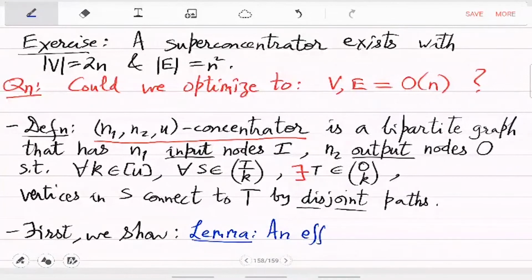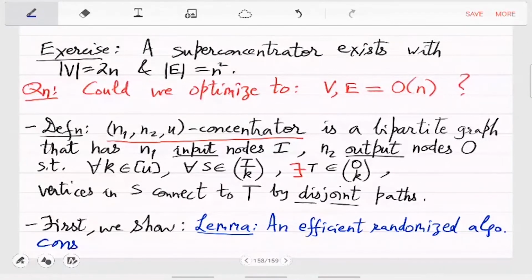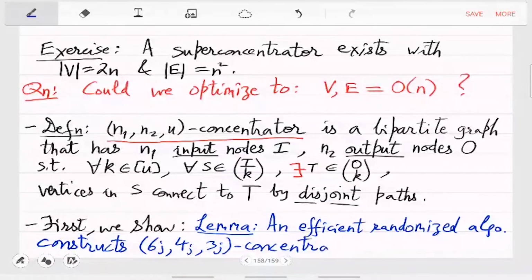So, an efficient randomized algorithm constructs a (6j, 4j, 3j) concentrator of size linear in j.